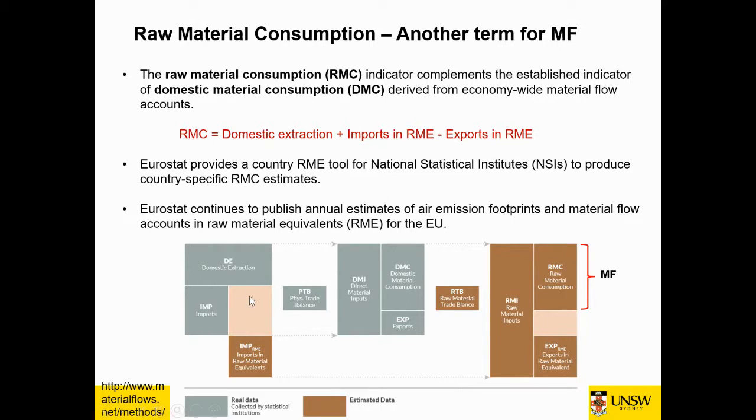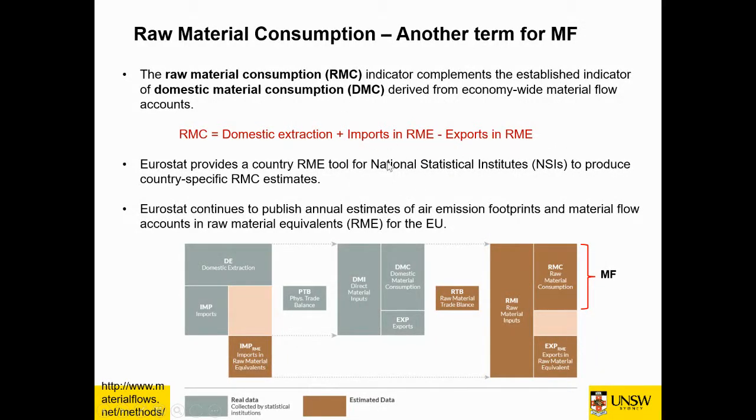So here we still neglect hidden flows. All right, we are not looking at those materials which never enter the economy. Here what we are doing is just looking at the materials which actually enter the economy, but they are converted into products which are imported and exported, but they are not actually physically imported and exported.